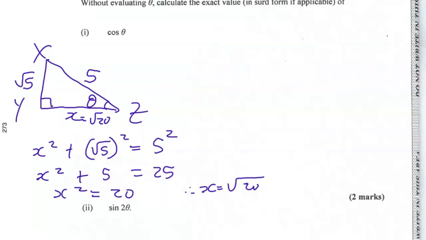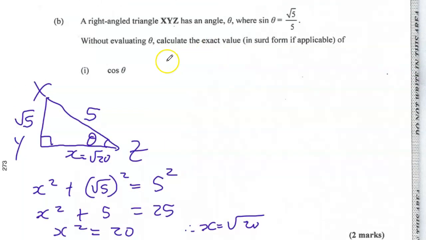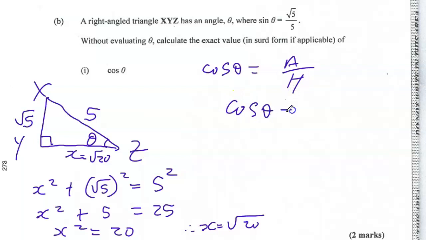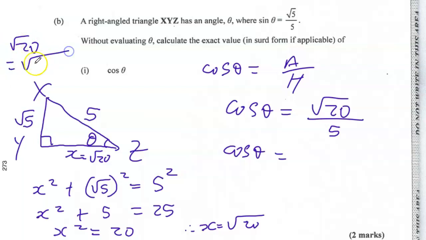So we're asked now to find cos theta. Remember cos is adjacent over hypotenuse. So cos theta, the adjacent is root 20 over the hypotenuse, which is 5. Now they want the answer in surd form, so we can rewrite 20 as 4 times 5.